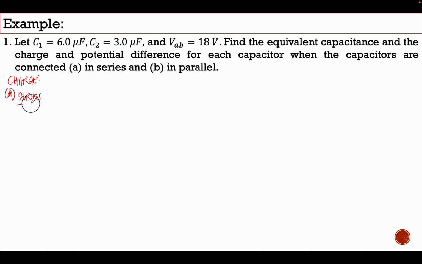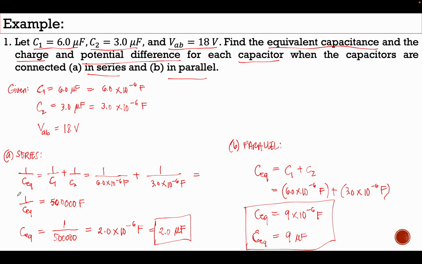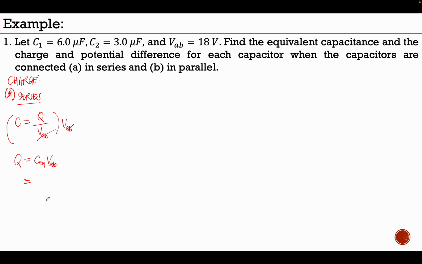So for series again, diba, C is equal to Q divided by VAB. To solve for Q, we need to just multiply both sides with VAB para ma-cancel out na siya. So we have Q is equal to C equivalent times VAB. Okay, so now we have C equivalent sa itong previous na gi-solve is 2 microfarads.